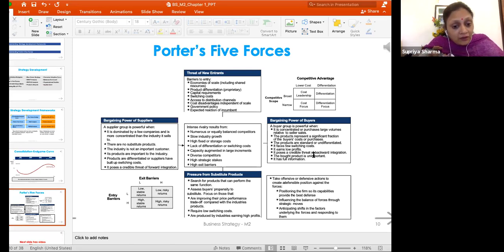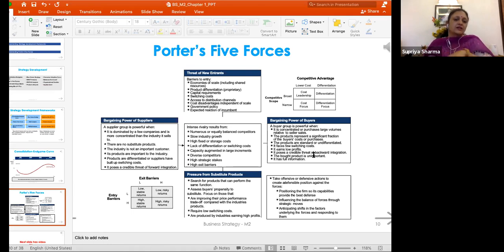What is the kind of exit barrier I have? And what are the kinds of entry barriers I have? These four things, if I understand before entering the industry, I will be able to better place myself, better equip myself, and will have fewer shocks.